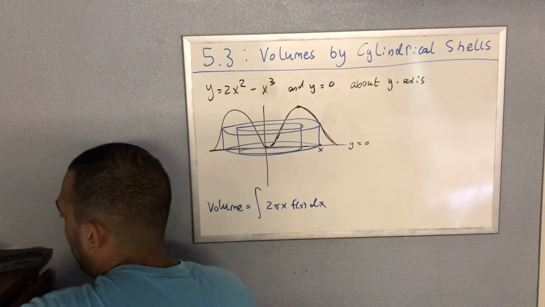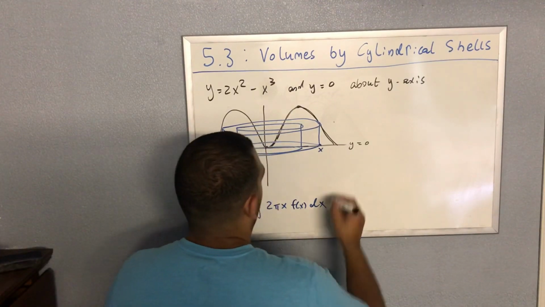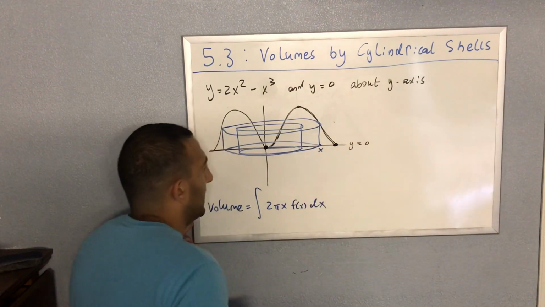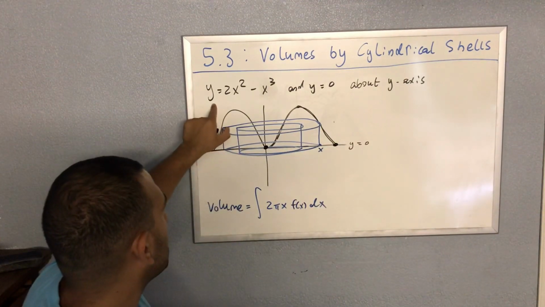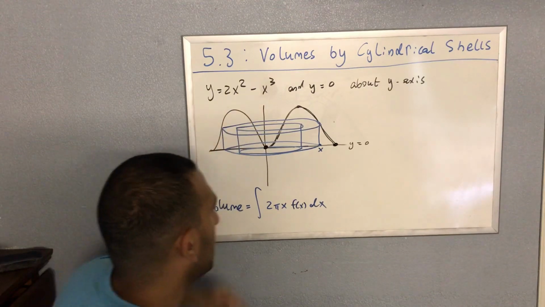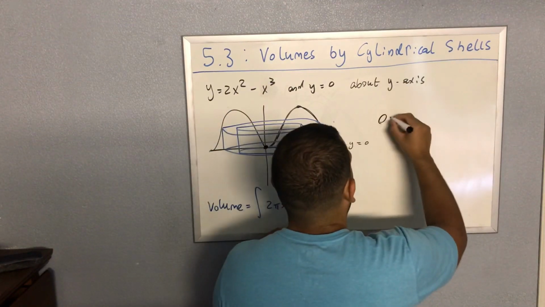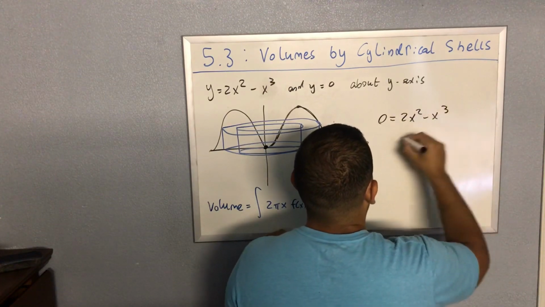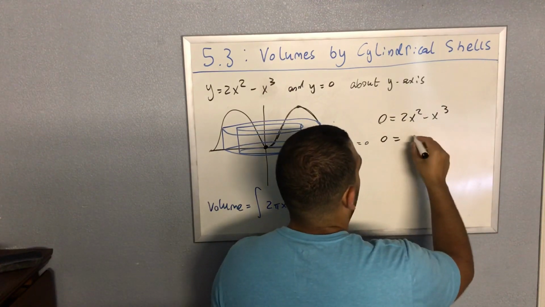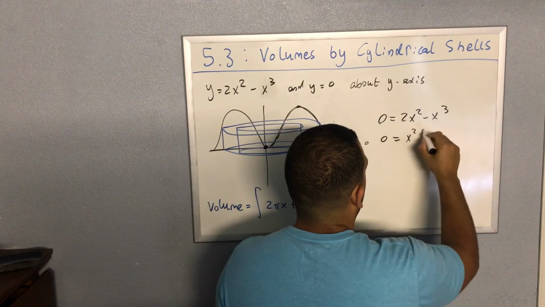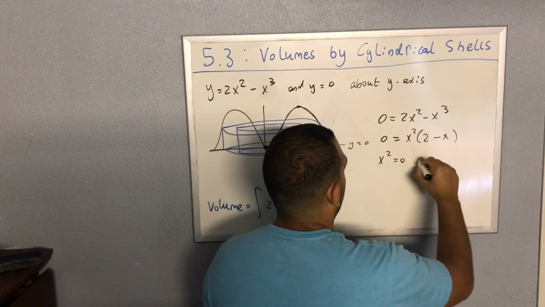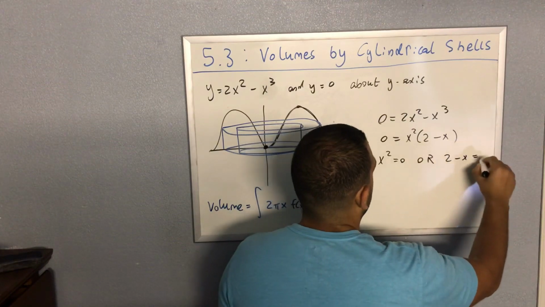And to do that, you just need to know what this point here is and this point here is. And that's exactly when this function has an output of 0. So you just set this thing equal to 0, and you get this. If you pull out an x squared, you get x squared is 0, or 2 minus x is 0.